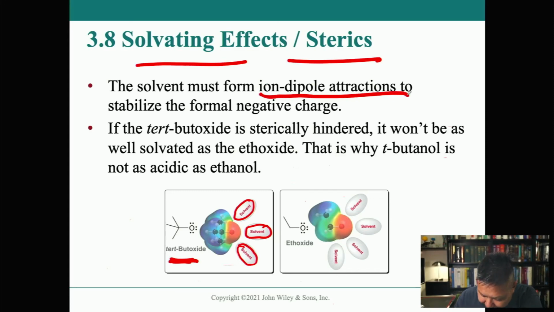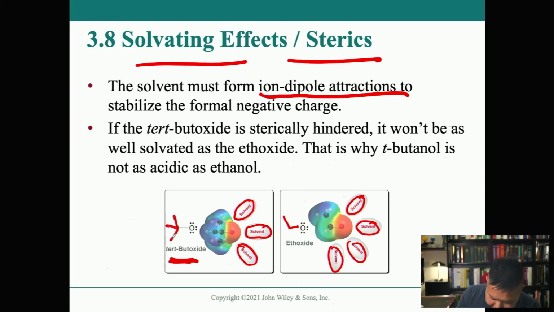But you also have the same thing happening over here with the ethoxide, right? But notice that you actually have more solvent molecules surrounding the oxyanion on the ethoxide, right? And that's because it's a straight carbon chain as compared to this branched chain that's on tert-butoxide.